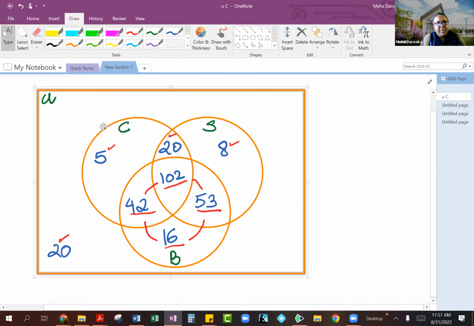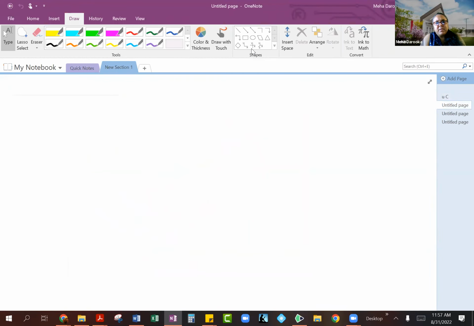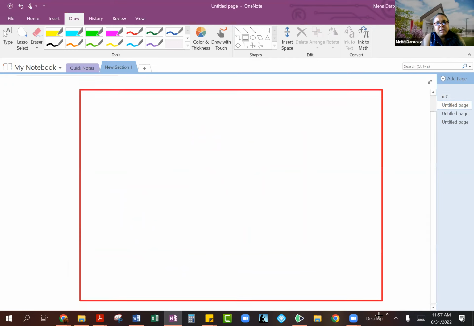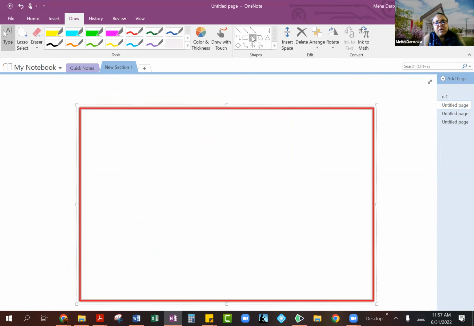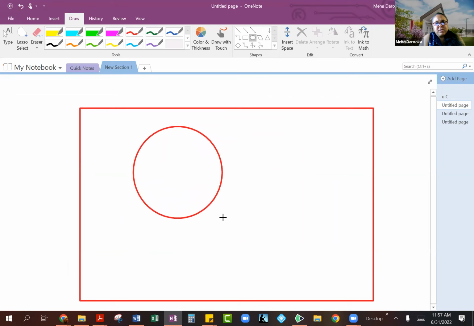Okay, I was kind of hoping it would let me do a copy paste, but it doesn't look like it will let me do that. Oh well. Okay, so we've got our universal set, and then we'll do our circles.